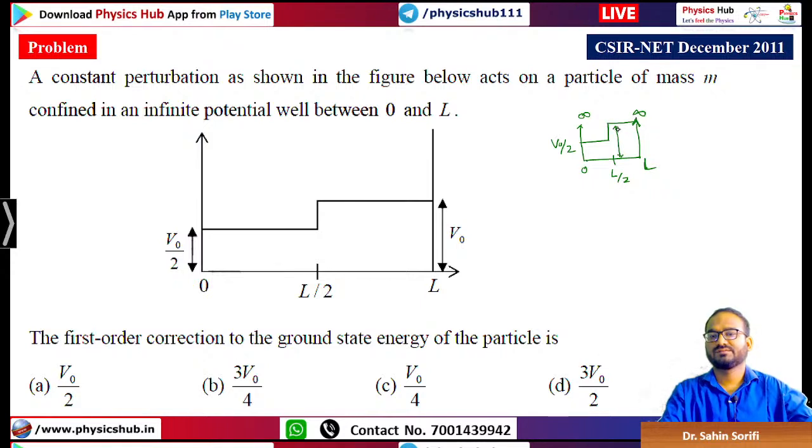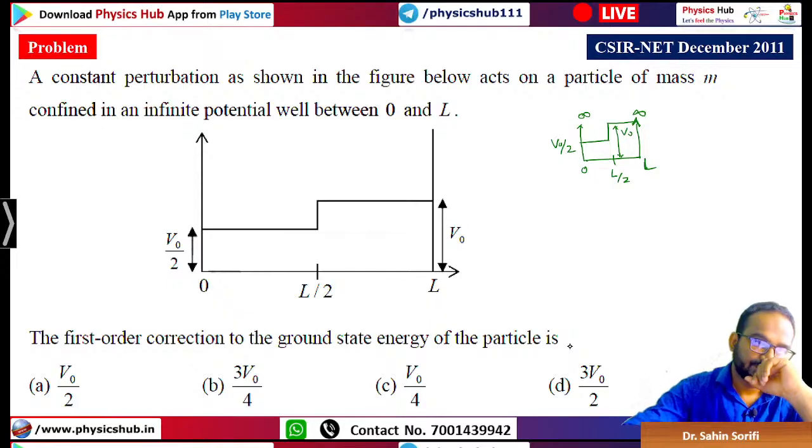You have to find the first order correction to the ground state energy of the particle. How will you do this?